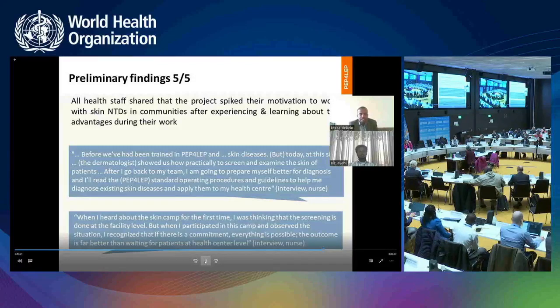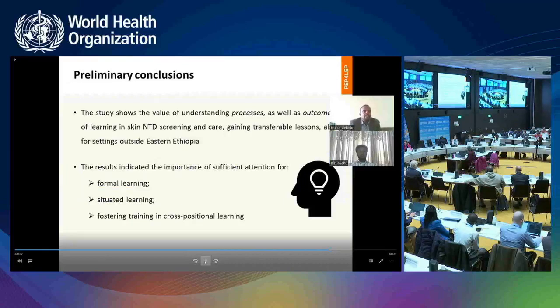This means the nurse is recommending that going into the community for integrated skin screening and management is better than waiting for them at the facility. Yes. And here is a preliminary conclusion.